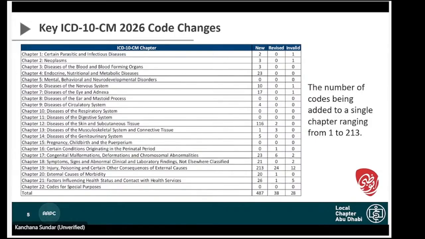External causes of morbidity also has 20 and factors influencing health status 26. This itself says where you can find the changes. It is all about laterality and site specificity. But there are definitely some inputs from this presentation which we have to remember while coding. That is what we are going to focus on and learn in this presentation.